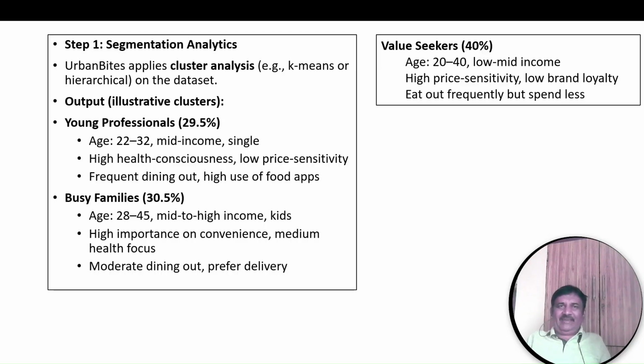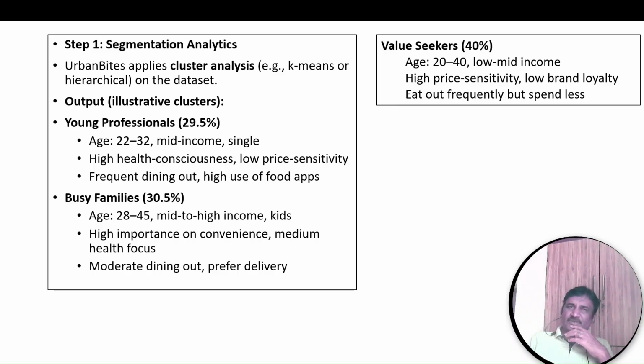Then by using the k-means clustering algorithm, we have separated the data into three groups. You could have separated the data into four groups. And by studying the different clusters, we have come to a conclusion that we have to name these three groups separately.